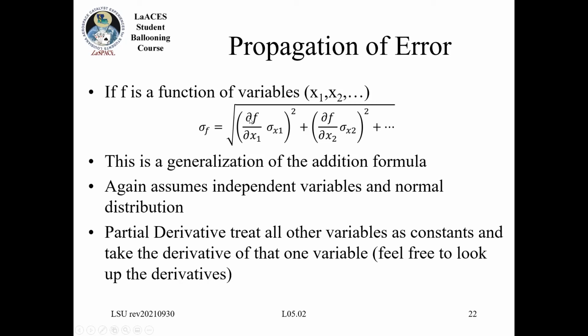So unfortunately, if you don't know how to take derivatives, you'll probably need to look up an equation for what the total error is. And on the website, we have a few examples of how to calculate the total propagated error if you have this type of function, right? So each one of these sigma x1, x2, those are the errors in the individual measurements that you're using to calculate that final value.